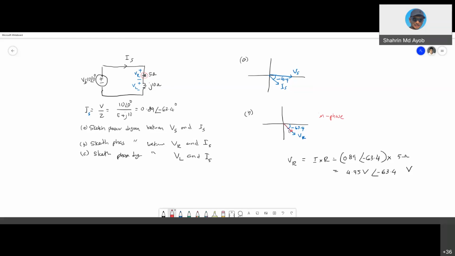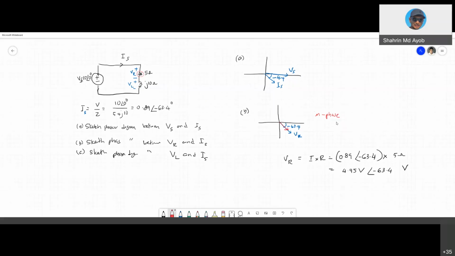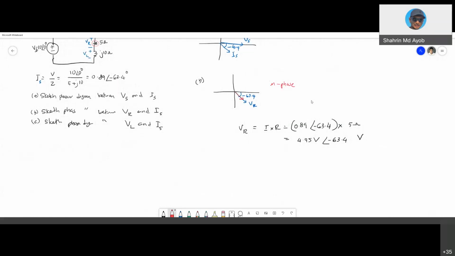Do you understand this one? If okay, then we proceed with the next question, which is C. Sketch the phasor diagram of VL and also IS. But firstly, what you need to do is to calculate the VL.